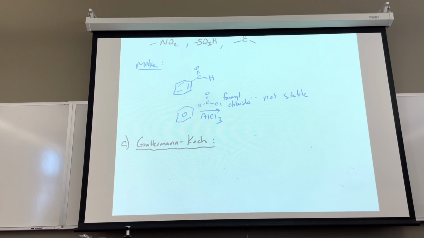And the way they get around that formyl chloride thing is they make it in the flask through a combination of carbon monoxide, copper chloride, hydrochloric acid. Those 3 things make formyl chloride. And then the only other thing we need is the Lewis acid to put it on the ring.